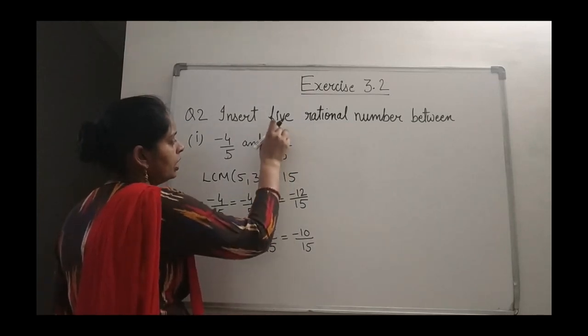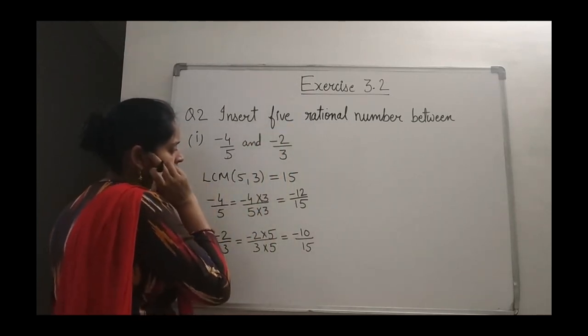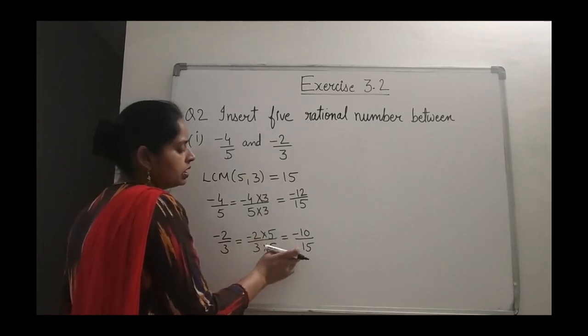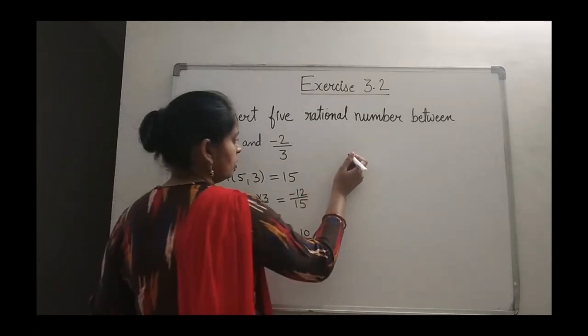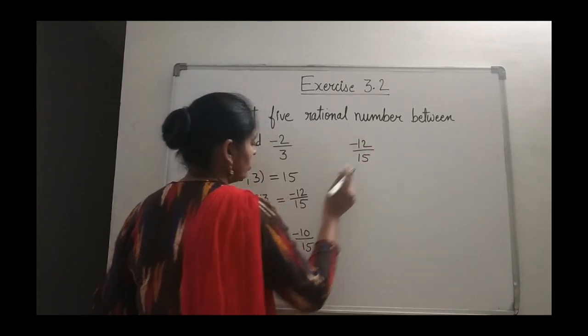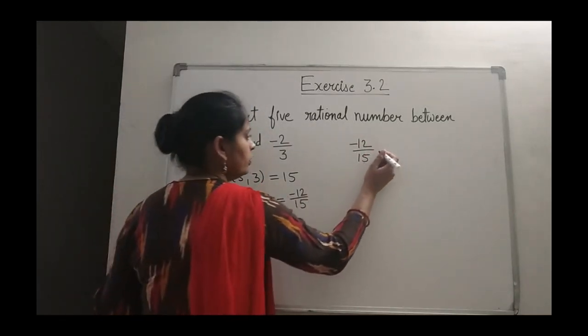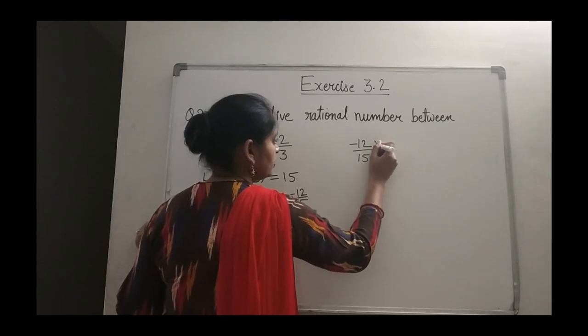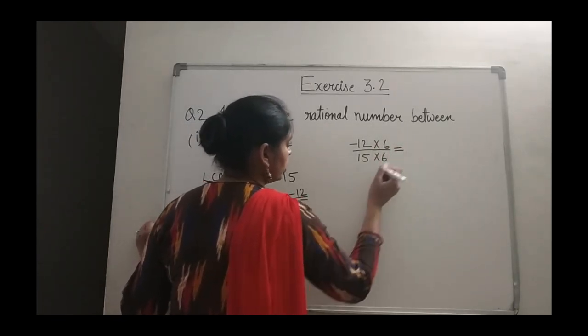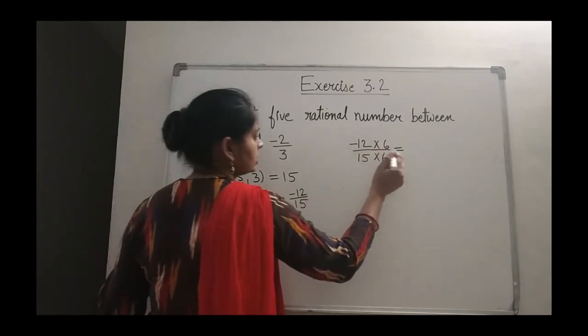But we want 5 rational numbers. So what do we have to do? Again we have to multiply in the numerator and the denominator by 6. So -12 upon 15, we are having one equivalent rational number. So in this we need to multiply 6 in the numerator and 6 in the denominator. So what will we get? 12 6s are 72.